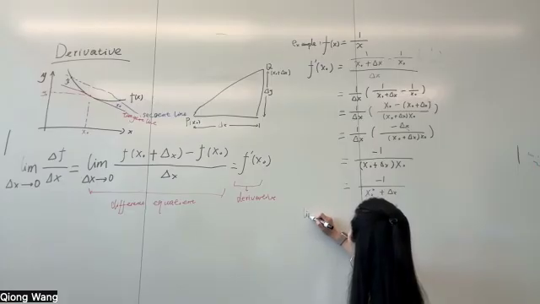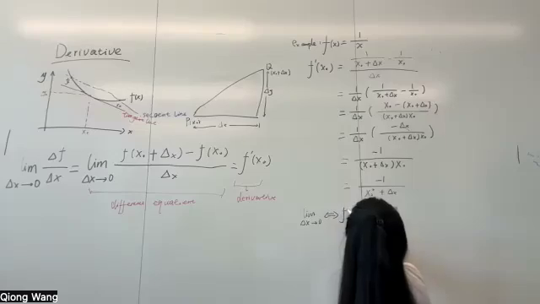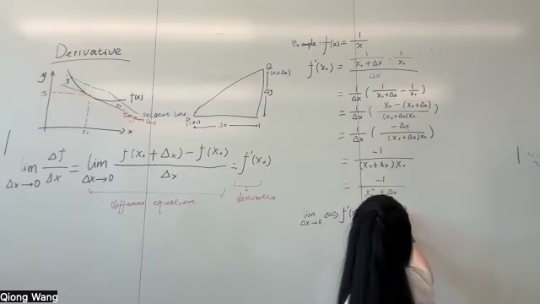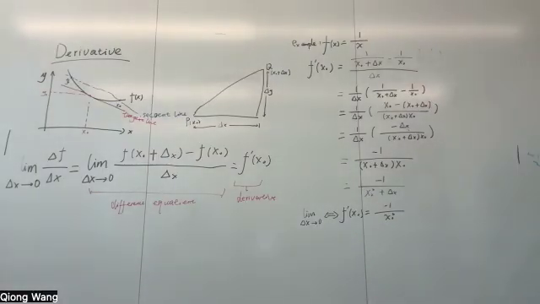limit, delta x close to 0, so we will go to f prime x0 equals minus 1 over x0 squared.